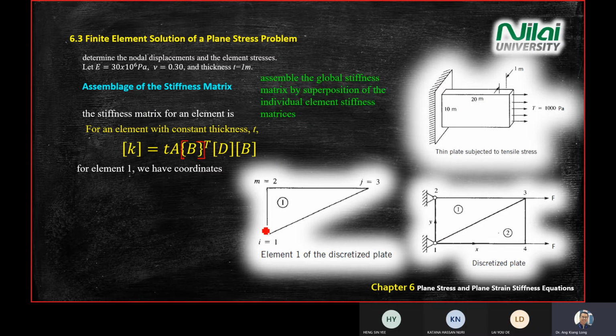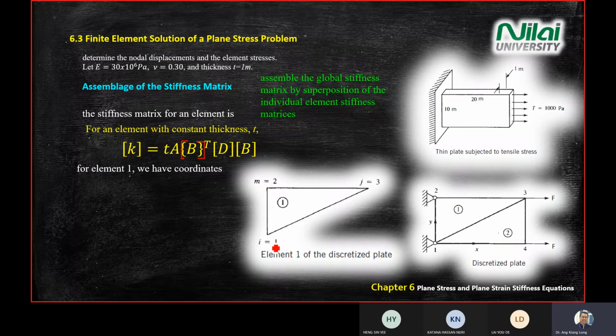Again, when you pull the diagram out, always remember the direction of your labeling is always anti-clockwise. You have your point I, point J, and point M. You always label anti-clockwise. So point I, point J, point M.